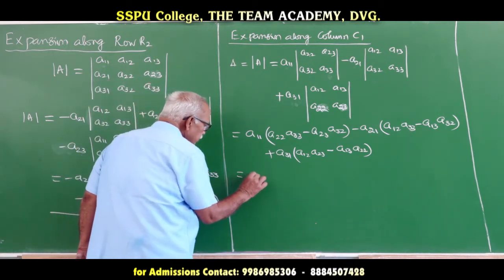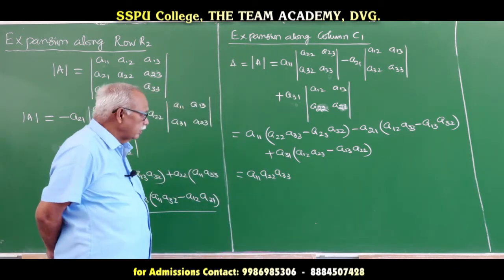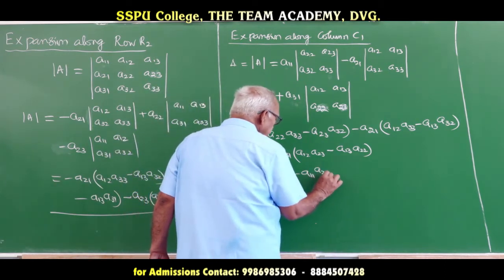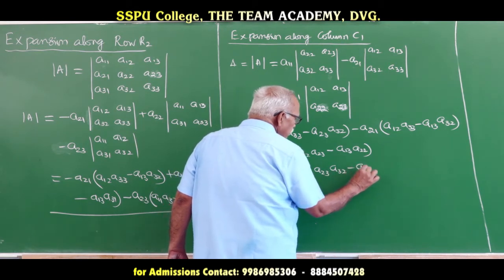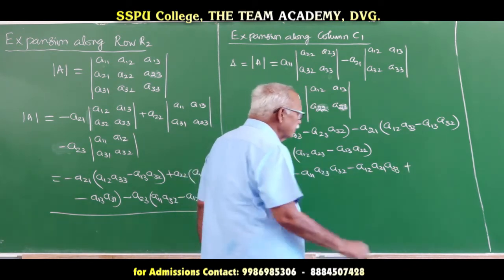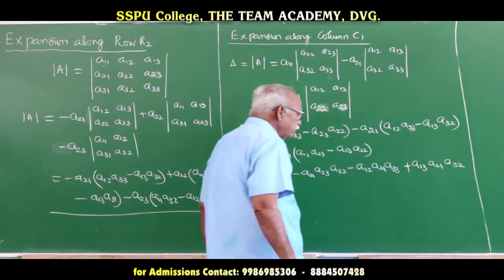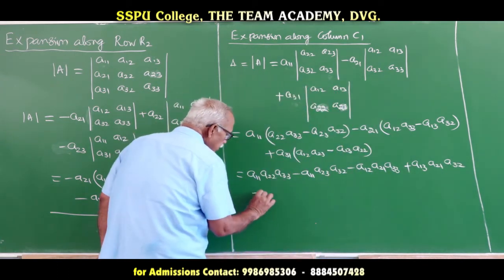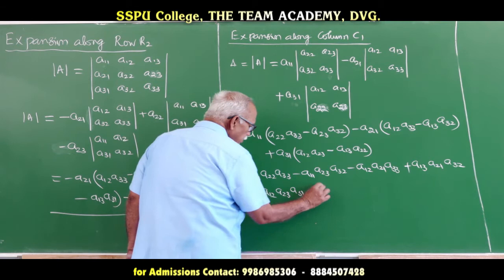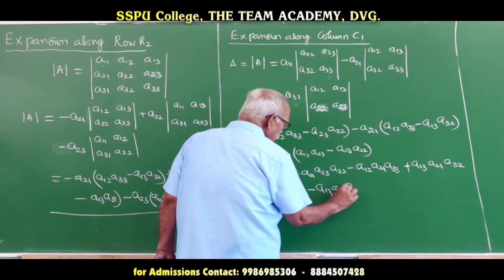Now, how will you write this? You see, I will write: A11 A22 A33 minus A11 A23 A32 minus A12 A21 A33, then plus A13 A21 A32, then plus A12 A23 A31 minus A13 A22 A31.